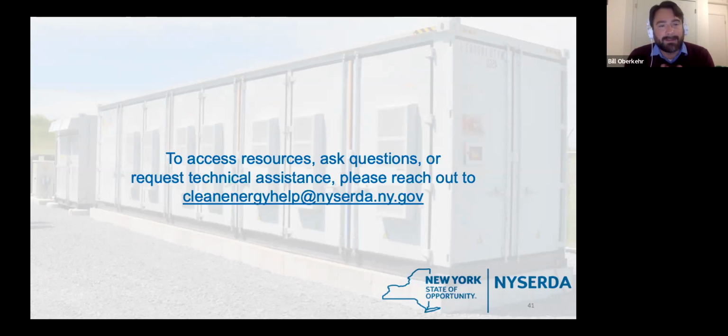RPTL 487 anticipates this. It gives municipalities who remain opted into the exemption the right to require a payment in lieu of taxes, or PILOT. So you can require that on systems that you want to tax, on more commercial systems, without taxing your residential systems or your systems that are powering a farm operation or otherwise being used on site.